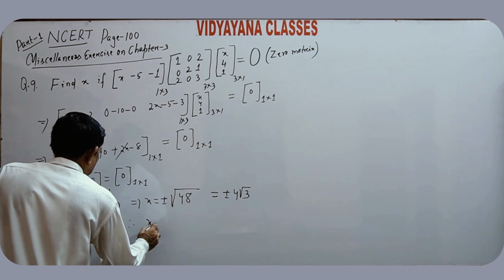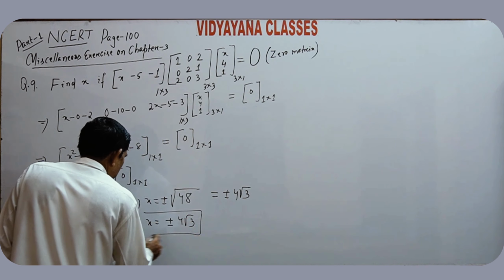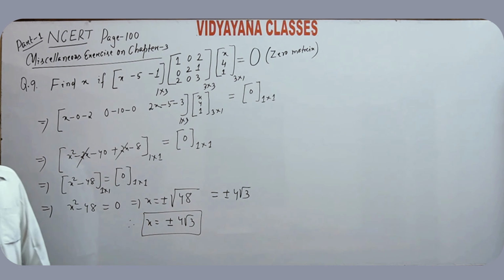Therefore, x is equal to plus or minus 4 root 3. Clear?